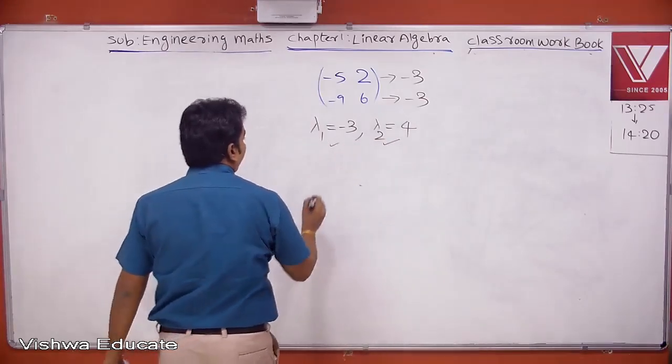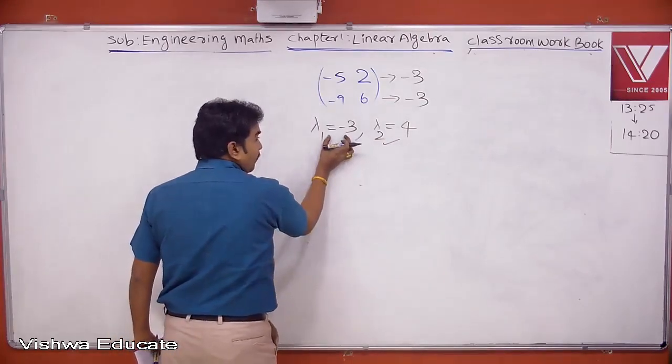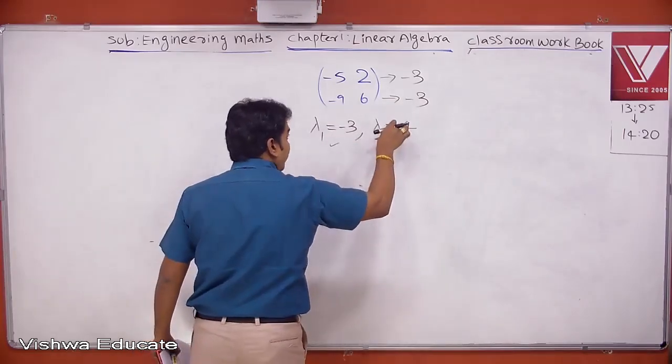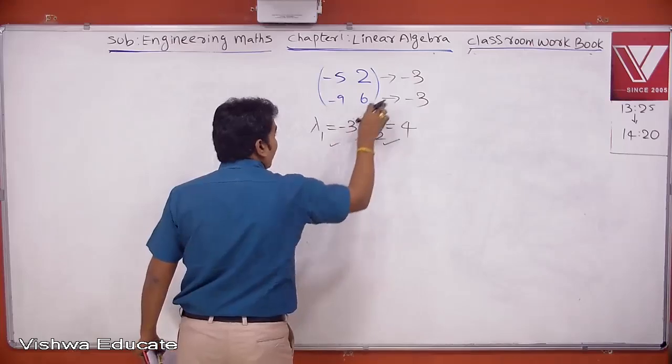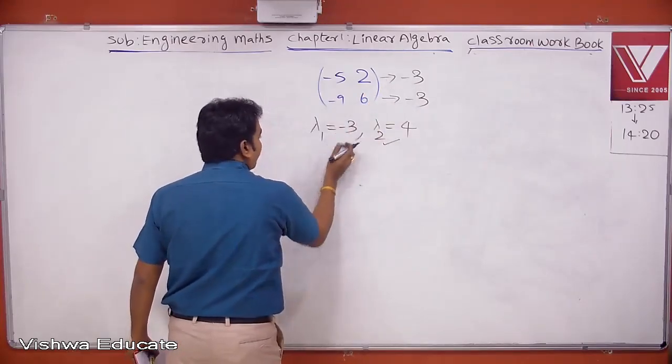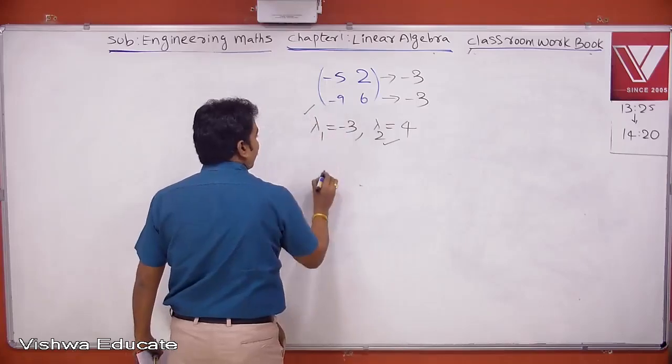Now let us try to find the eigenvector with respect to lambda 1 first. There is no fixed procedure; you can find the eigenvector with respect to 4 also. Anyhow, I got the first eigenvalue minus 3, so I am proceeding to find the eigenvector with respect to minus 3. Let us apply a shortcut.